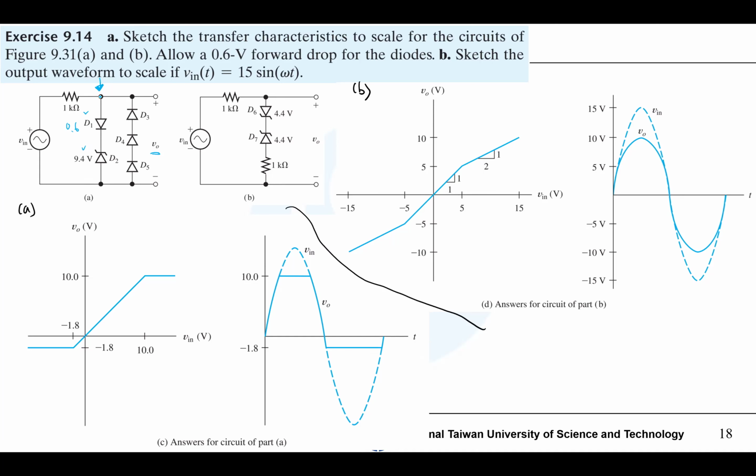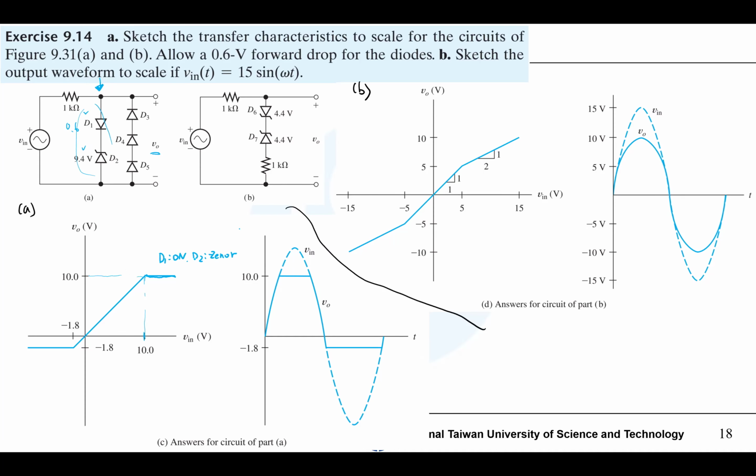So the amplitude of the input voltage needs to be larger than 10 for this branch to be totally on. So we have this with D1 on and D2 at its Zener region.